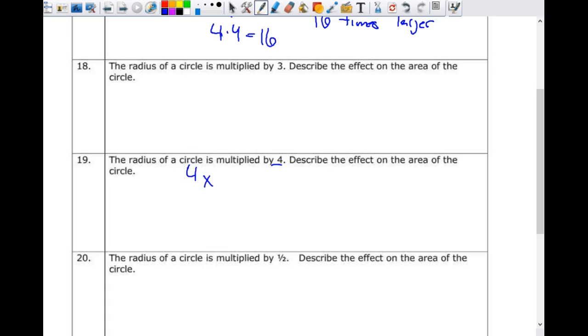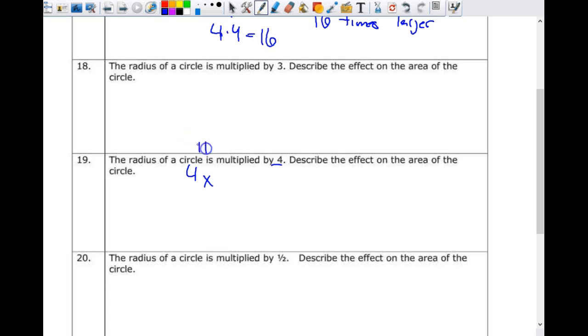It will be 4 times as large, right? Because there's only one dimension to a circle. Well, it's actually going to be 4 times 4, but why? We only have one dimension here, and that's the radius. So it should only be times 4, because we only are increasing one thing.